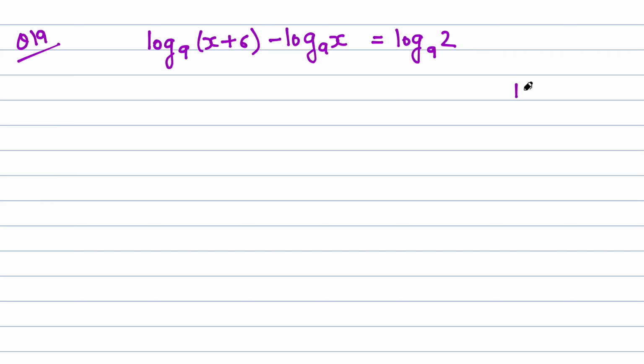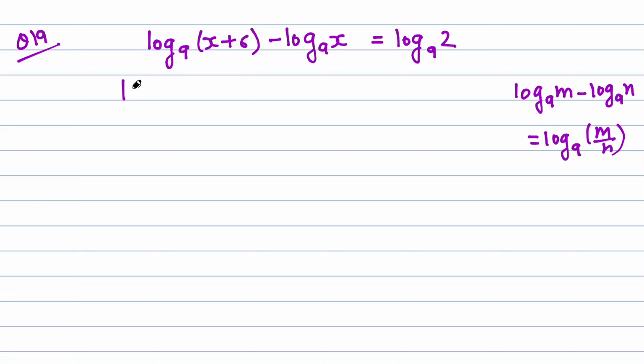Yes, we can apply log of 9 of m minus log of 9 of n is equal to log of 9 of m upon n. Because maybe there is no base, okay, but if there is any base, it should be same. Here base is 9.